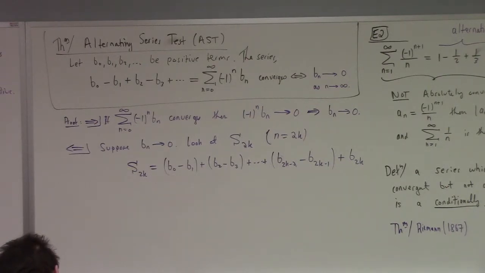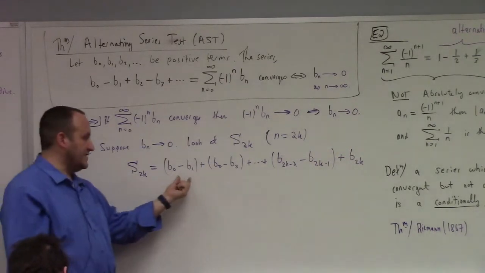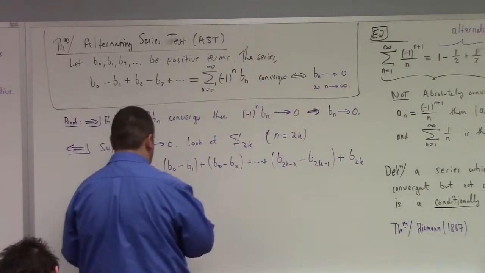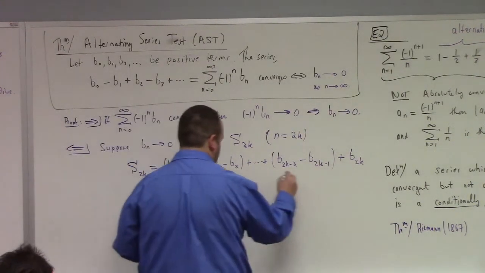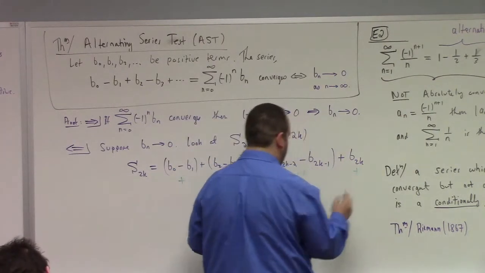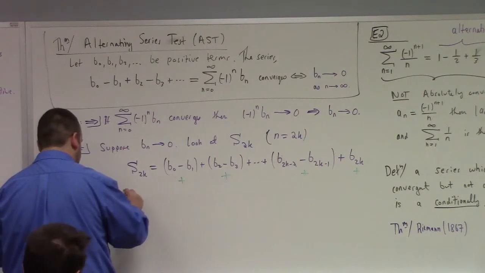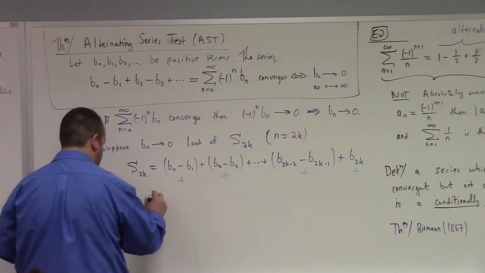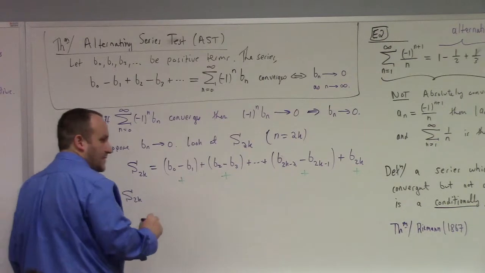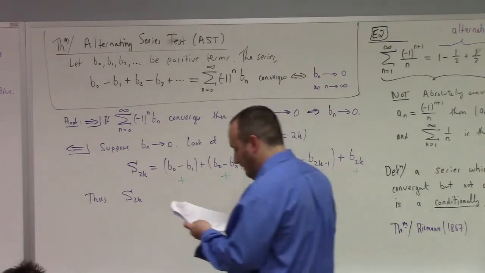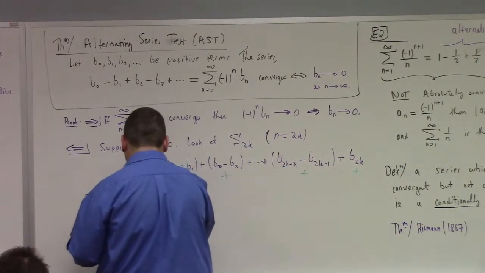Hence, what does that say about all these terms? If b is decreasing, these are all positive terms, and this is by assumption positive, which shows you that S sub 2k is positive. I think we can say more than that.